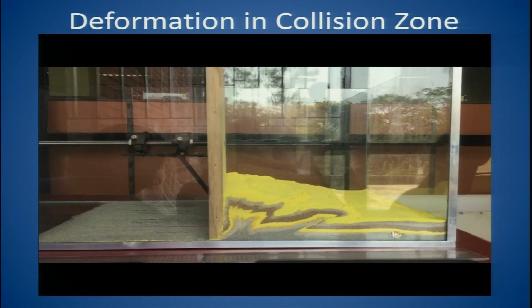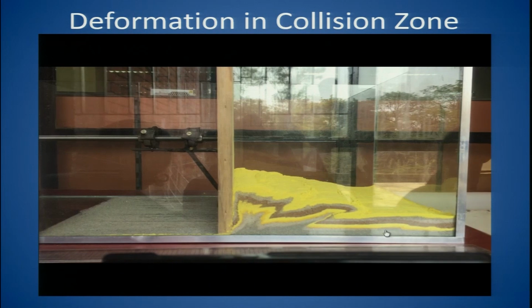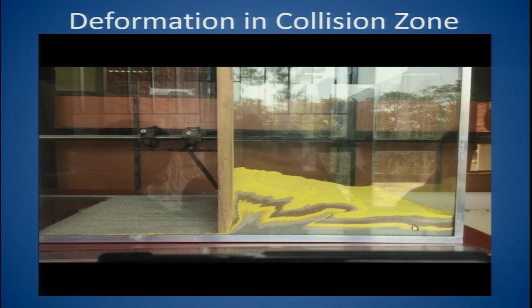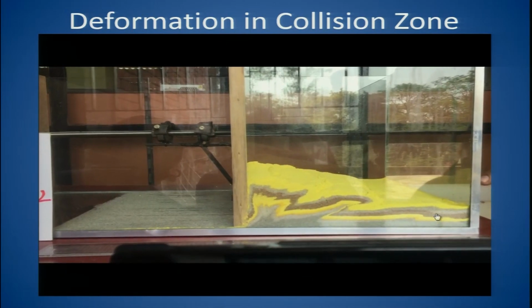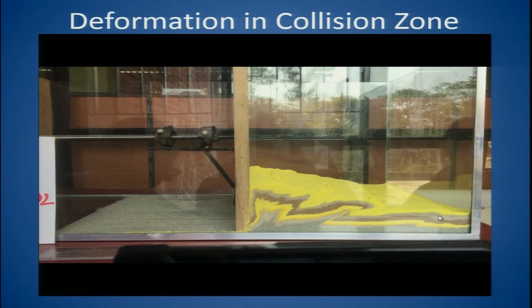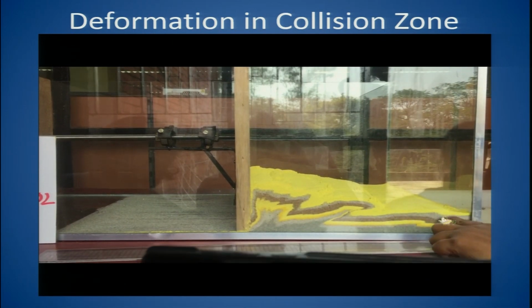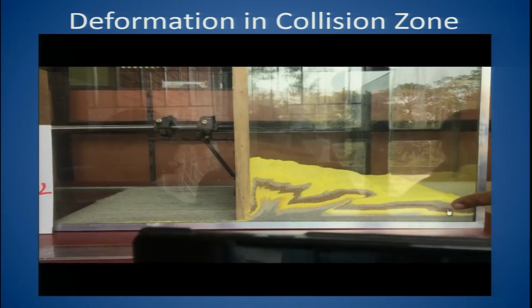Now slowly, if you see, this part is getting deformed. So the new slip is taken up by this portion here. So you see some bending taking place in the different layers, and the tip of the deformation is somewhere here.